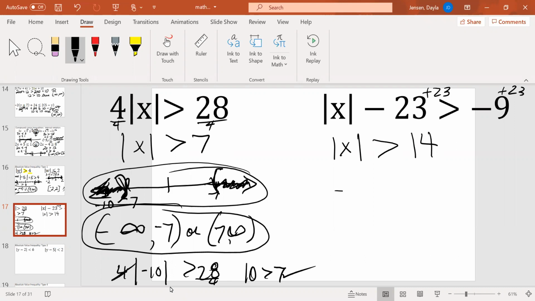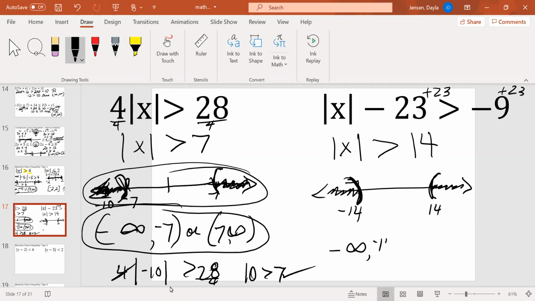So if you need to draw your number line, it's going to be open parentheses because it's not including the endpoint, 14, negative 14. So it's going to be anything less than negative 14, anything greater than positive 14. So from negative infinity to negative 14, and or 14 to infinity.